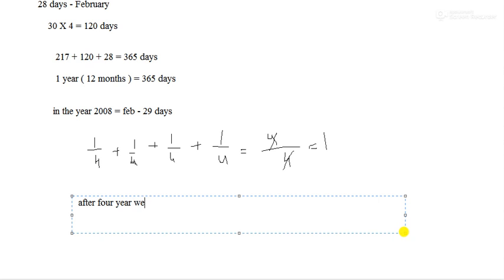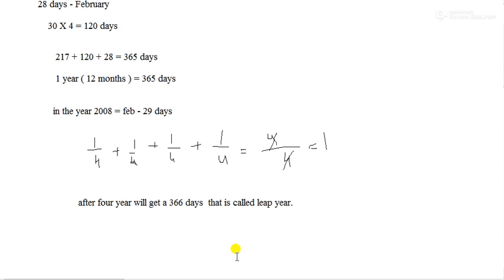In this leap year, the month of February has 29 days.